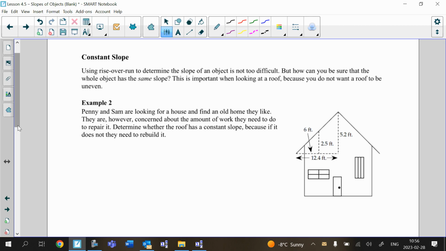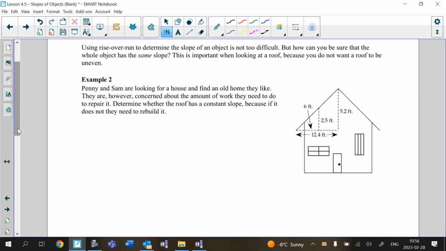So here's an example. Penny and Sam are looking for a house. They find an old home they like. They are, however, concerned about the amount of work they need to do to repair it. So they've taken measurements and they want to see if the roof has a constant slope. It doesn't have to be exact, but it should be close.